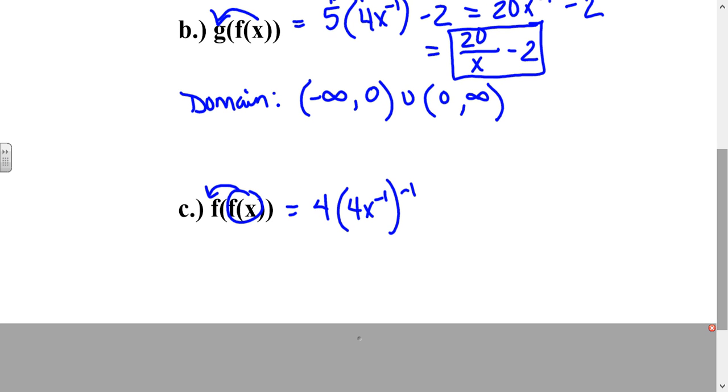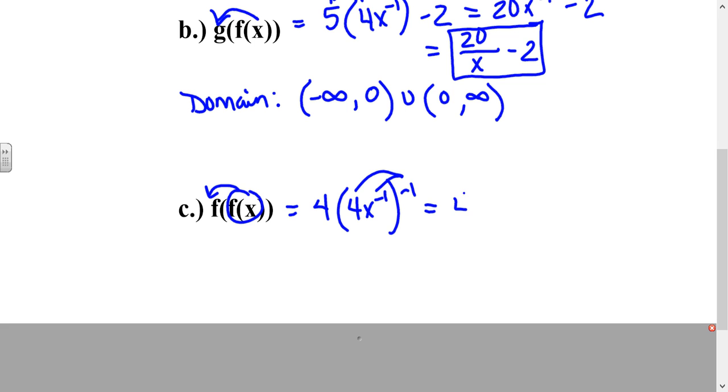Now you can work this out a couple of different ways and still get the same answer. So remember, we have to follow the order of operations, so we have to do parentheses and then exponents before we multiply. So there's a couple ways you can do this. You can take all of this to the negative first power.